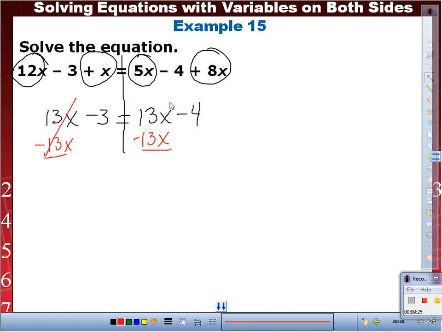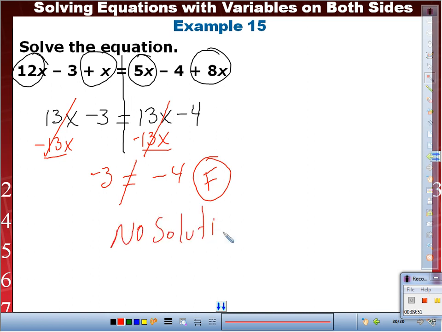Wait a minute, but these cancel. So I bring down the negative 3 equal to, is negative 3 equal to negative 4? No. This is false. If we do not end up with an identity and we keep going and we eliminate our variables and this is not true, therefore this is a no solution.